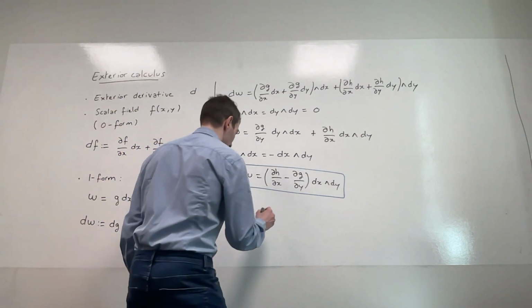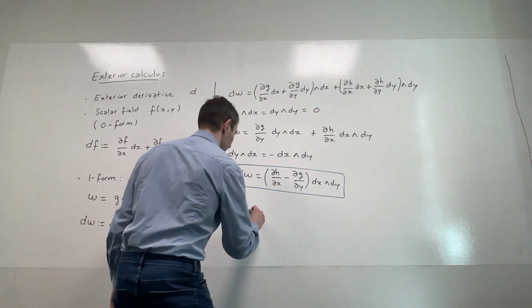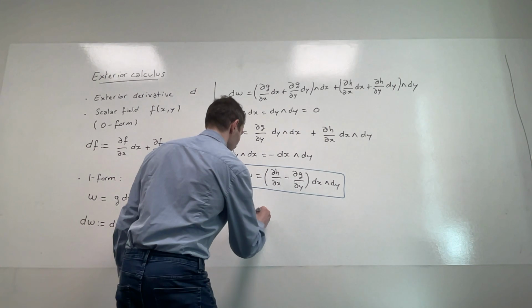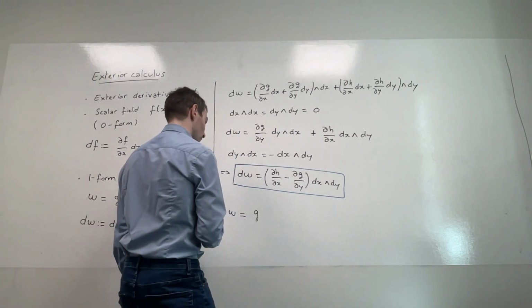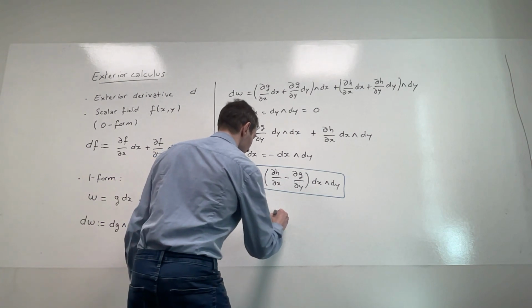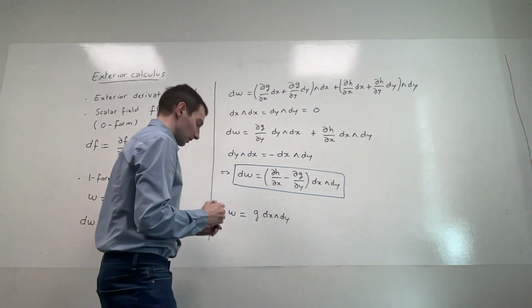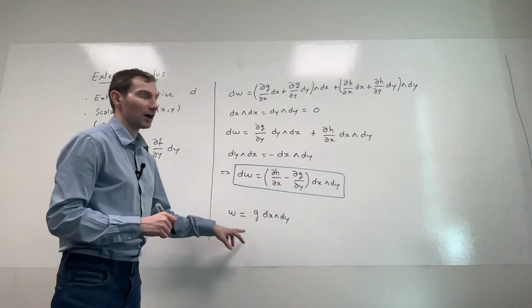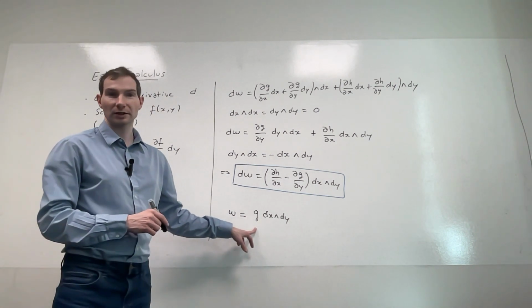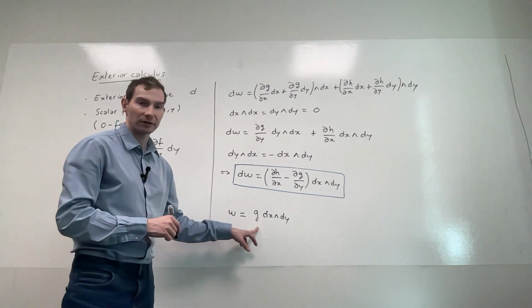So you're going to have a function g. Well, actually, in that case, that would be simply g dx wedge dy. Okay, and you can try to see what happens in that case. What you will see is that you're going to get 0, in fact, in that particular case.